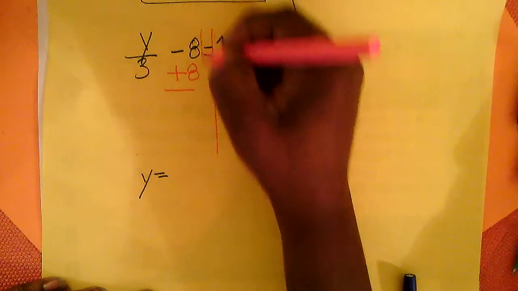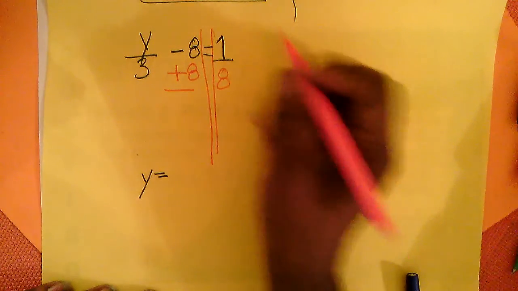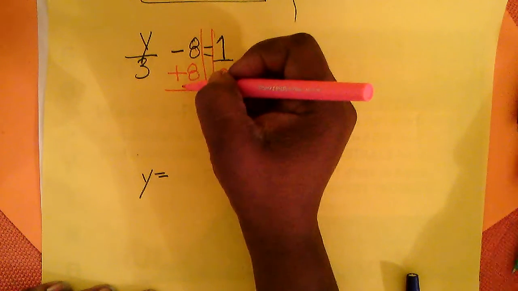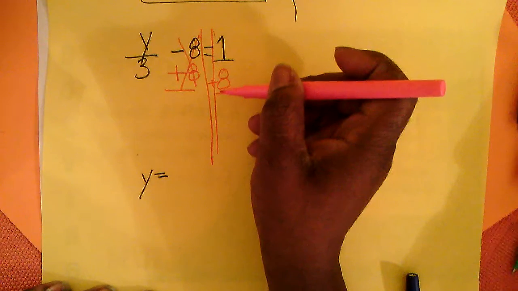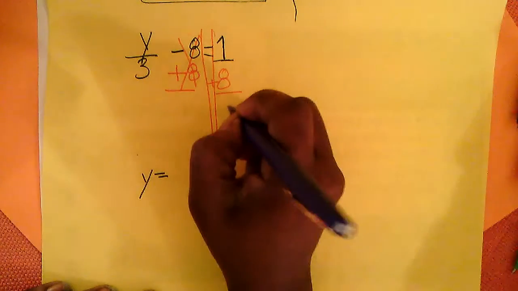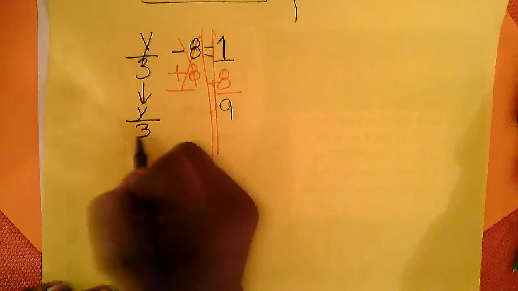If I add 8 on that side, then I have to add 8 on this side. So negative 8, positive 8, that cancels out. Now I have 1 plus 8, which gives me 9. And then I'm going to bring this portion down, which is y over 3.